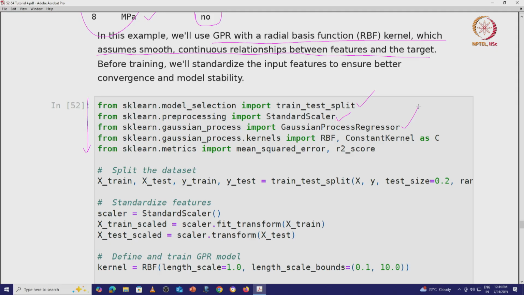You have to import the model that you want to use, and in this case it is available in sklearn's Gaussian process library, and we are also importing these kernels. We are importing the RBF kernel and the constant kernel. Later on we will also use the white noise kernel. You will see that only when you include the white noise kernel to model realistic noise, then the model actually does well.